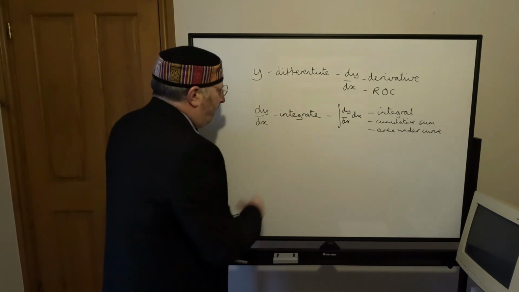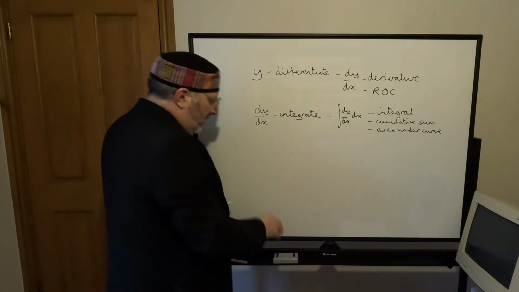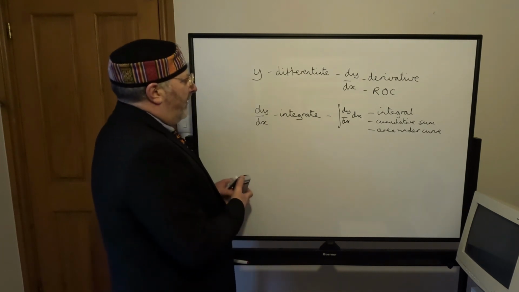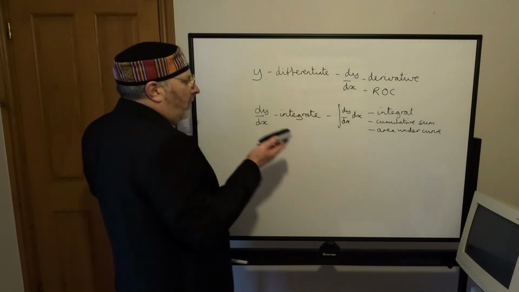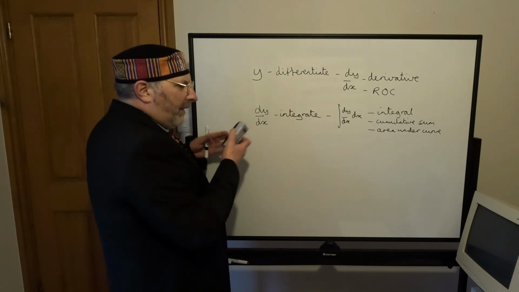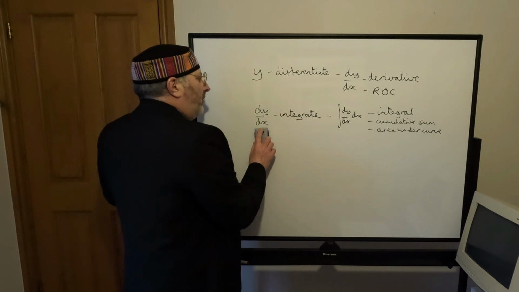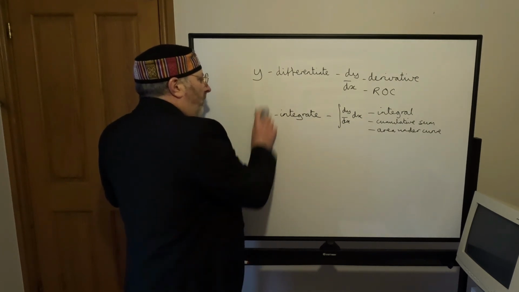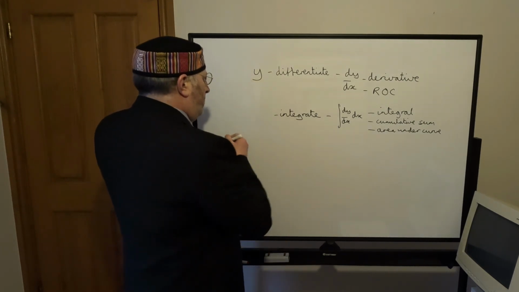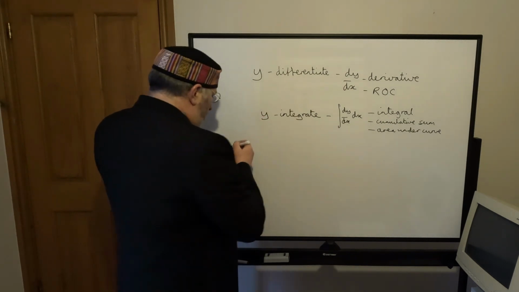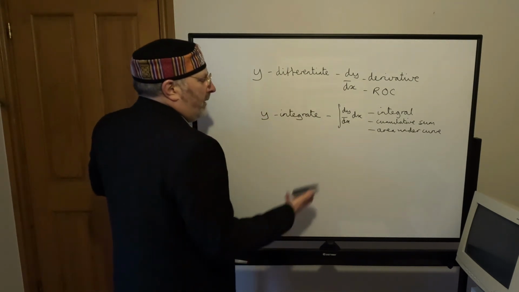Now, I've said here dy by dx, that is a derivative, but in general, when we're told that the rate of change is something, it will just be some function. So we could also just write this as a function y which we would integrate.